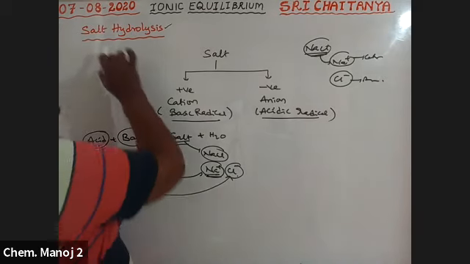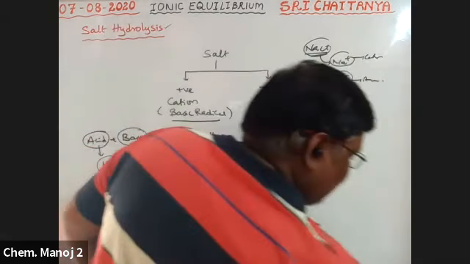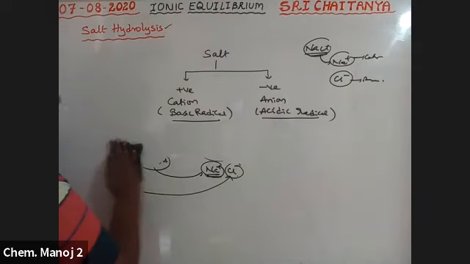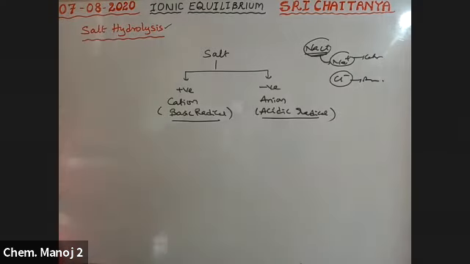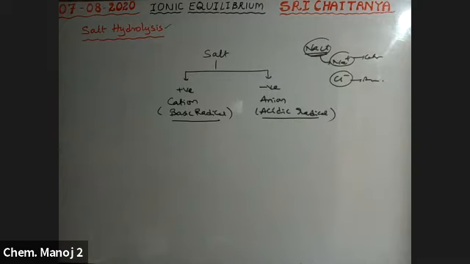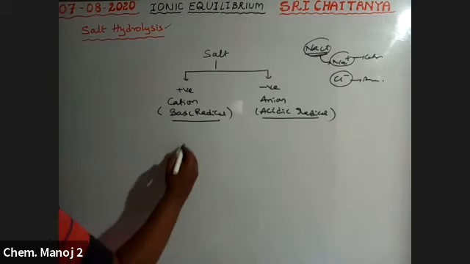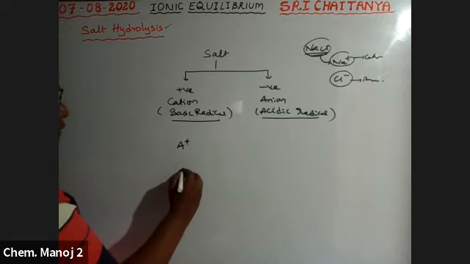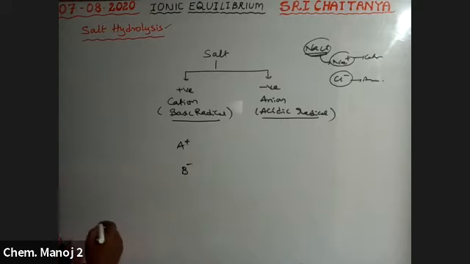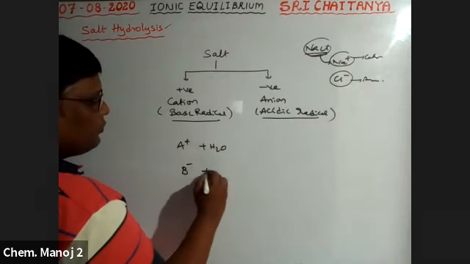So now our topic is salt hydrolysis. What is salt hydrolysis? It is when the cation of the salt, or the anion of the salt, B-, reacts with water.